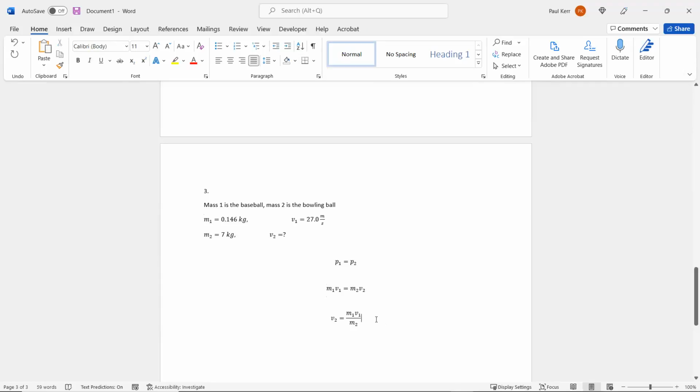Again, plug it in and then solve for V2. So, you know, you get 7 times... Let's make sure here. Do you see the mistake, I guess, on the paper? Because you have M1 times V2 equals M2 times V1, and it should be the other way around.